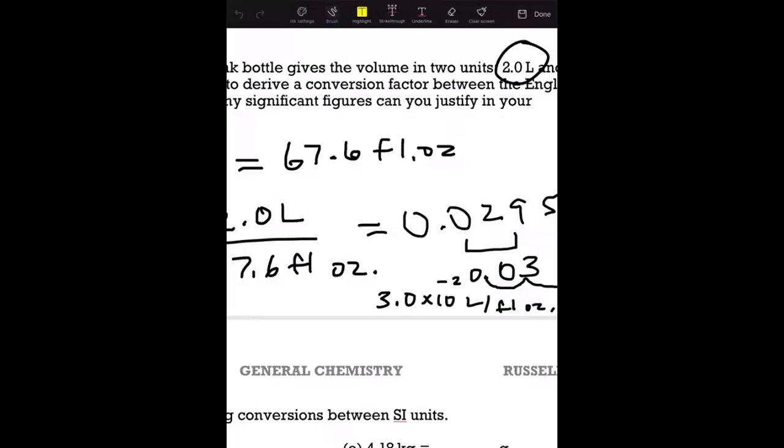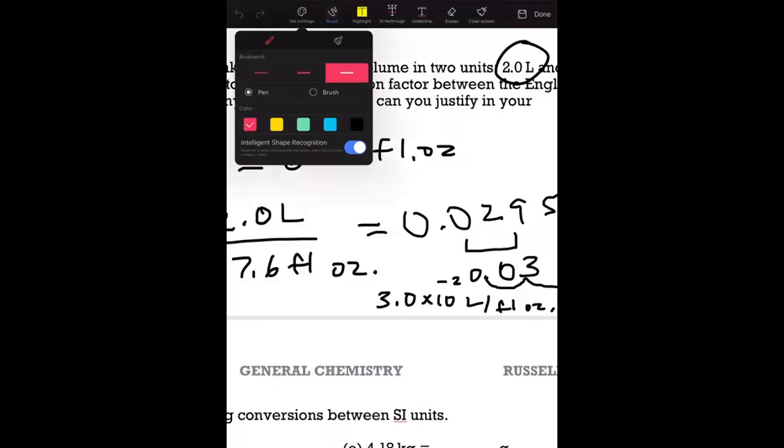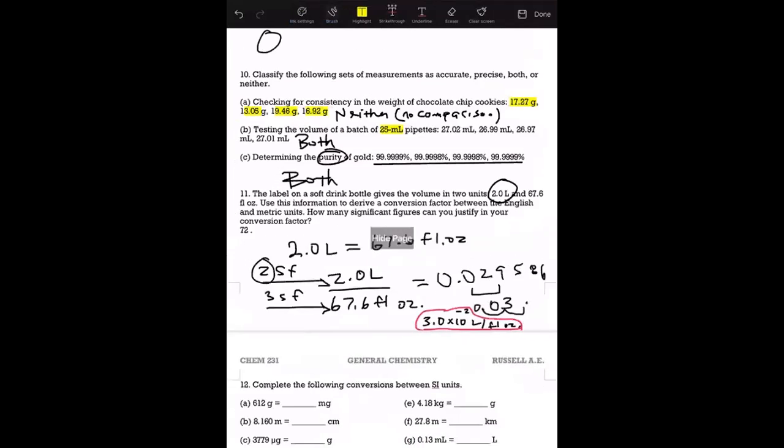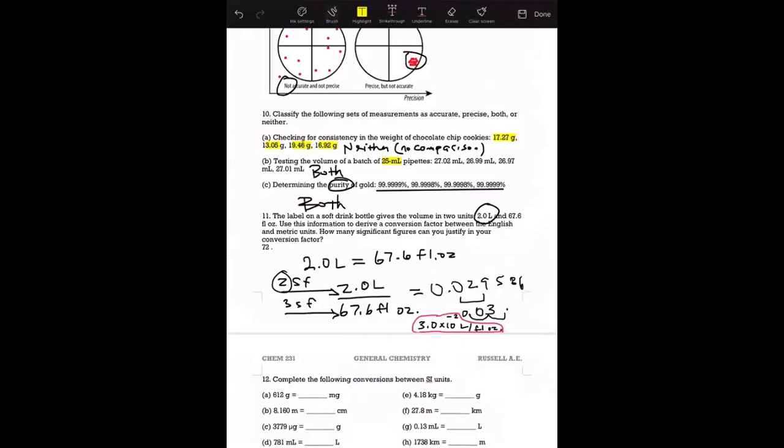And let me circle that. That gives me an answer with the correct number of significant figures like the problem asked for, because it says how many sig figs can we justify. The lowest number was 2 sig figs, and our conversion factor has 2 sig figs also. Are y'all following?